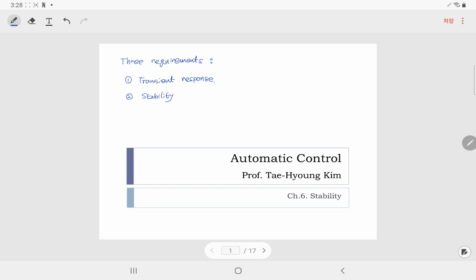This will be covered in this chapter. And the final one, the third requirement, is steady state errors, and this will be covered in the next chapter.